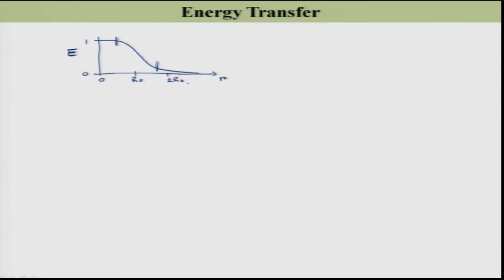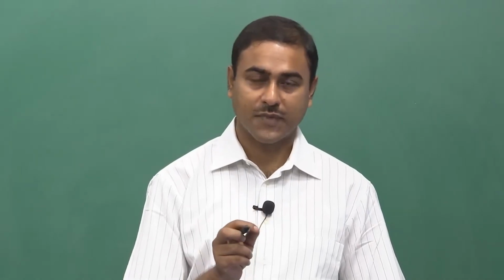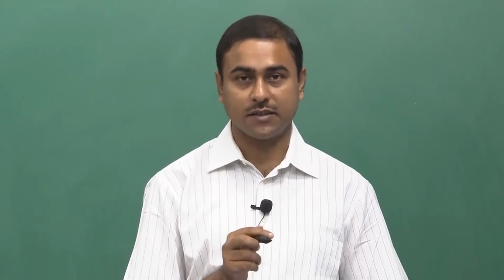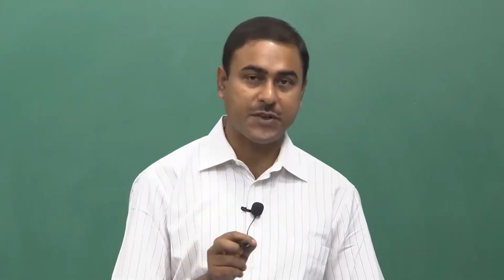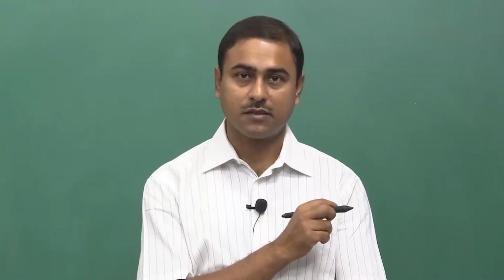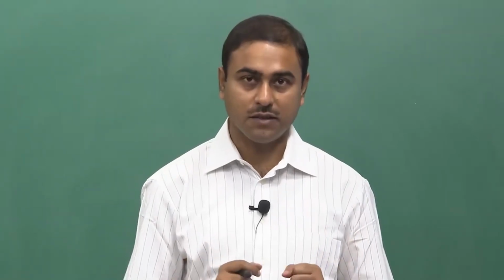So, now I can tell you on the other hand that if you can experimentally determine this E, you will get some idea of what is the value of R, if you know this capital R 0. This capital R 0 is the Forster distance, and this Forster distance for a particular donor acceptor pair is fixed. So, the situation is something like this. I have to determine this capital E, the efficiency of energy transfer, experimentally, and the capital R 0 has to be determined beforehand.